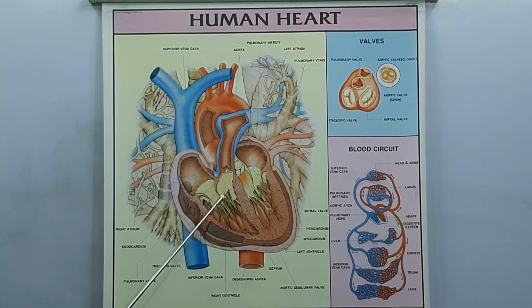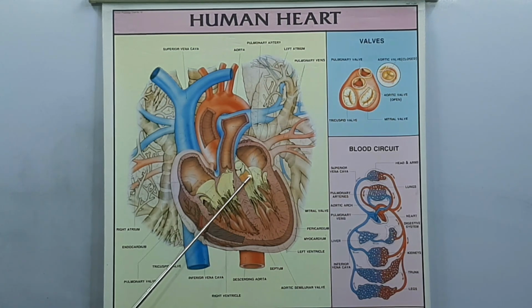At the same time, from the left auricle, after the opening of the bicuspid valve, blood is carried to the left ventricle. So in this condition, when blood is poured into the right and left ventricles, this process is known as ventricular diastole and atrial systole.